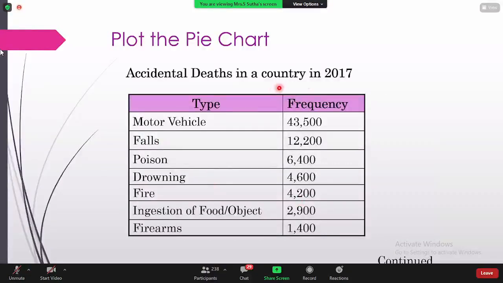Here we are taking the accidental deaths in a country. Now you look at this frequency distribution. What is the variable here we considered? Look at this frequency distribution and tell, what is the variable we considered?